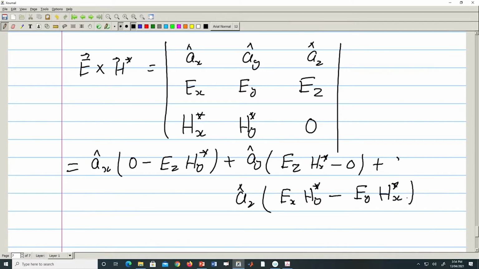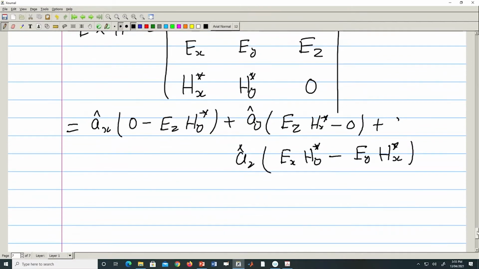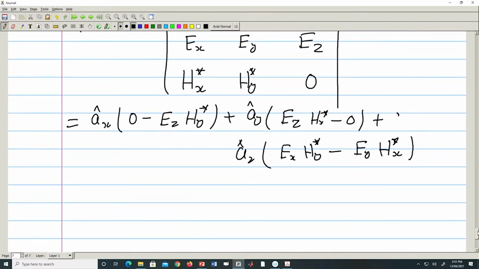So, this is the E cross H star, and ds is defined as, because this is a rectangular waveguide, along the z direction. So, ds for this case will be defined as dx dy into Az. We can use either Az or uz with a cap. So, ds will be dx dy into Az.